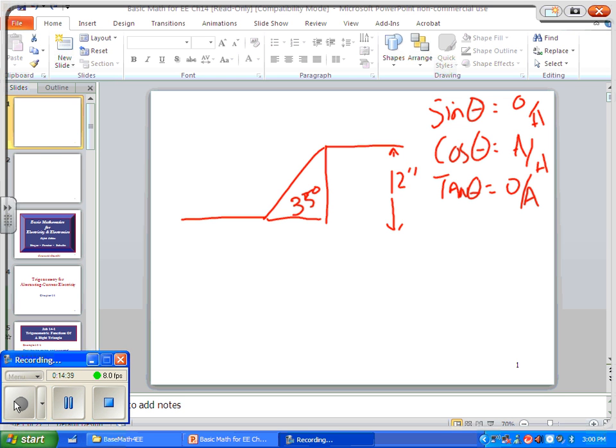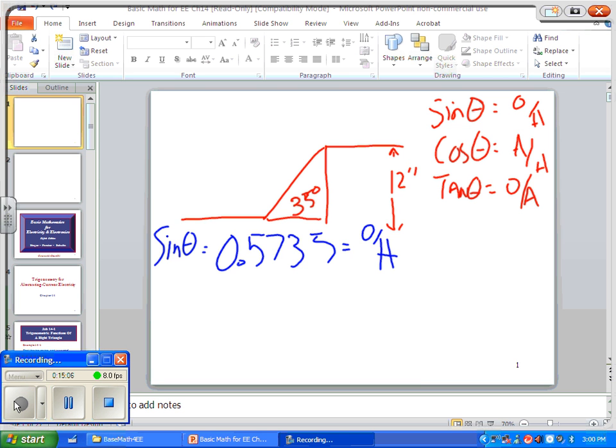So anyway, we're going to go up 35 degrees, and we're going to use the sine to find it. What is the sine of 35 degrees? And that's equal to... Except that we know one of those.